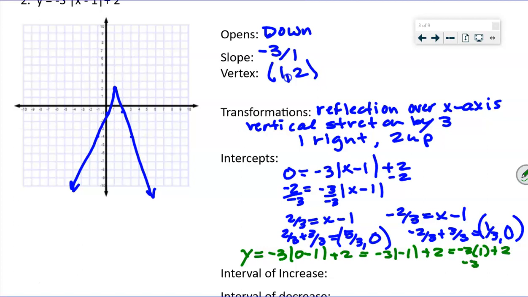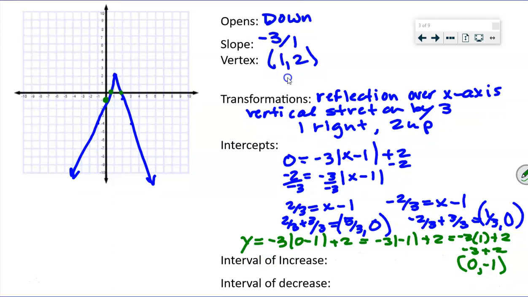So that's -3 plus 2. That's -1. So this one's going to be 0, -1, which is about what it looked like it was here, right? And this one looked like it was about 1/2, and this one did look like it was about 1 2/3, right? Okay. So now we're going to talk about our intervals of increase and decrease.